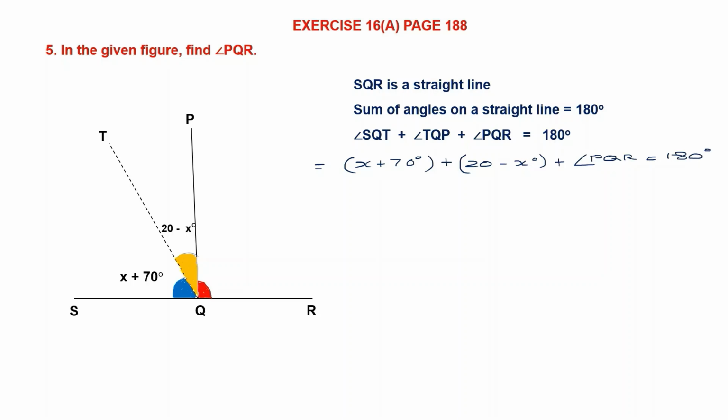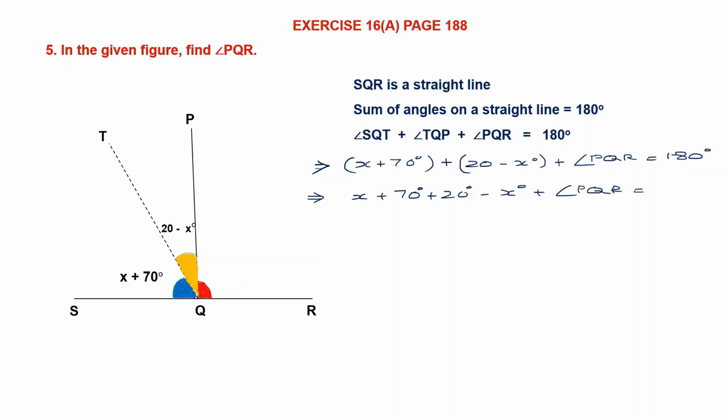So this is an equation. Now we are going to remove the brackets. So this will be x plus 70 degrees. Here we're going to remove the brackets. Let's see the sign before that. It's a plus sign, so the sign inside will not change. So that becomes plus 20 degrees minus x degrees plus angle PQR.